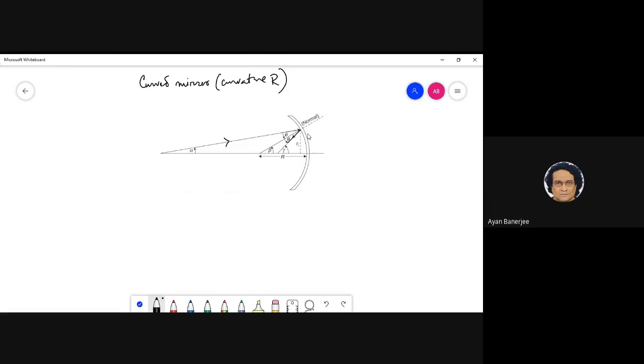I draw a tangent and I draw a perpendicular to it and extrapolate it here. This is the angle it makes, beta, with respect to this. The normal is of course this, and the ray comes here, and the mirror sort of focuses, which is a bit of a loose word, but it directs it here, where the axial angle is now gamma.